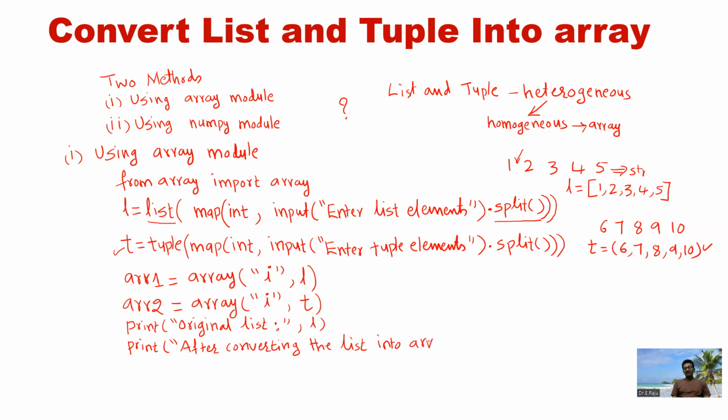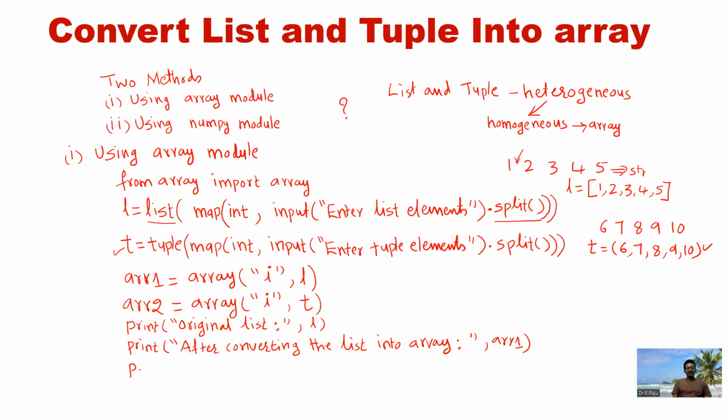I print the elements of the array here, and they are stored in a variable called arr1. So you specify the variable here. Then it prints the list converted into array.